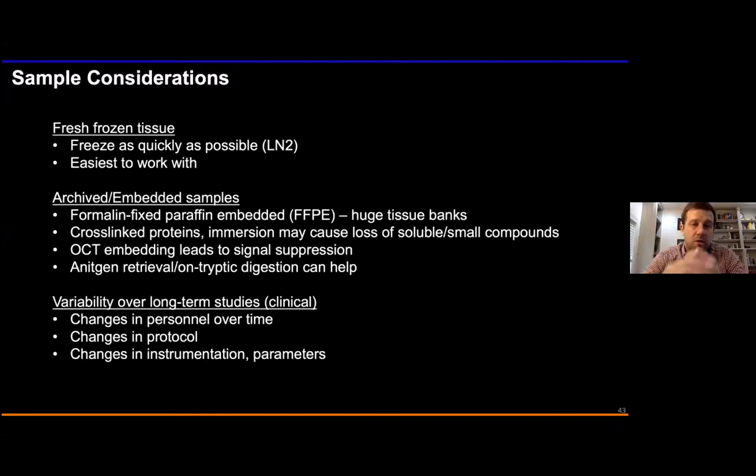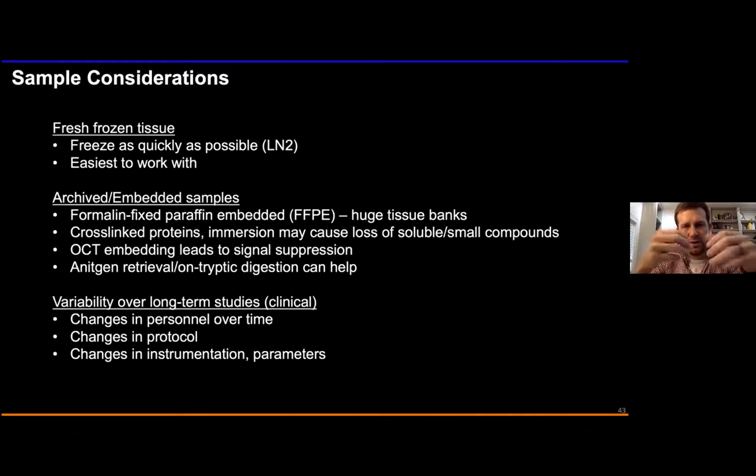There are obviously a large number of archived and embedded samples that are available in the clinical field. So these are typically FFPE tissue samples, formalin fixed paraffin embedded tissues. And it's possible to use these tissues for imaging mass spectrometry. But typically the proteins are cross-linked. And so it's difficult to analyze the proteins. You need to free them from that chemical cross-linking to do so.